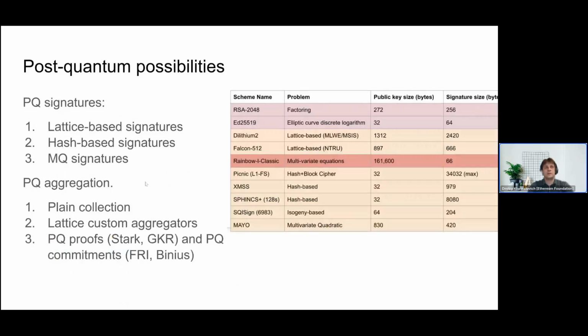For post-quantum possibilities, there are several combinations available. We can deal with lattice-based signatures, some of them like Falcon and Dilithium, produced by the recent NIST project of post-quantum cryptography.